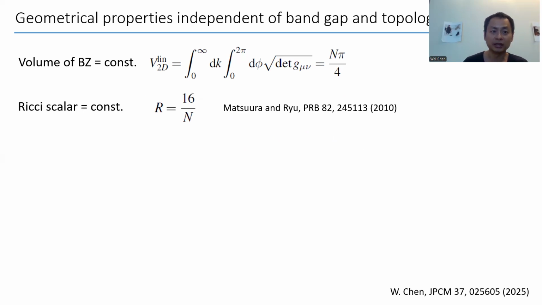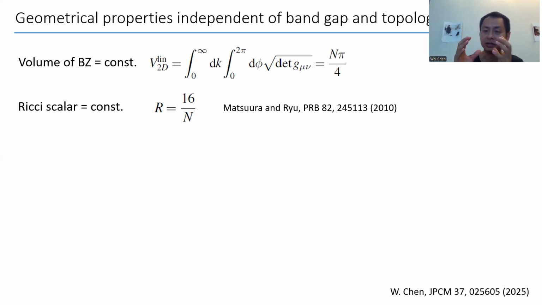And secondly, the Ricci scalar is a constant. Moreover, it is given by 16 divided by n, the dimension of the Dirac Hamiltonian. The dimension n of the Dirac Hamiltonian is determined by the symmetry of the material.